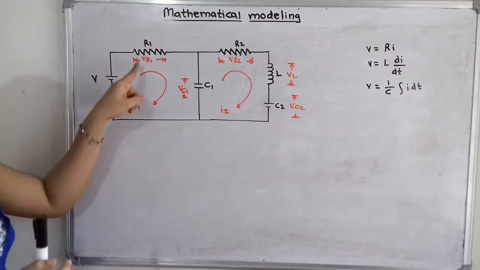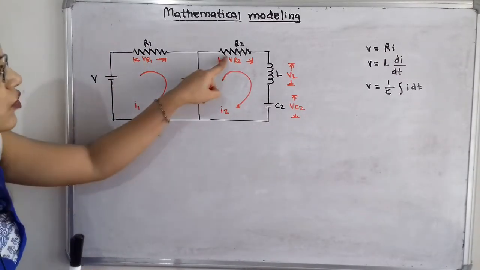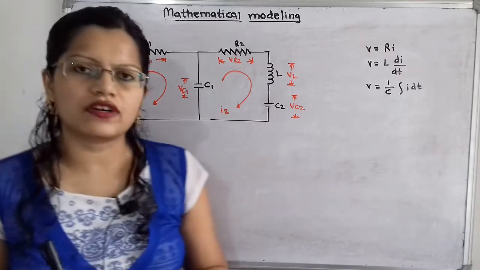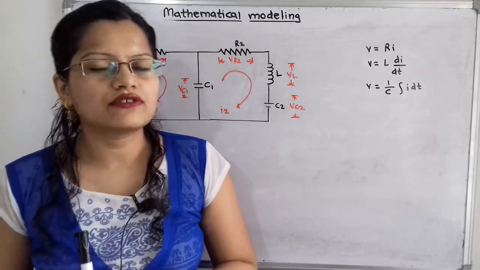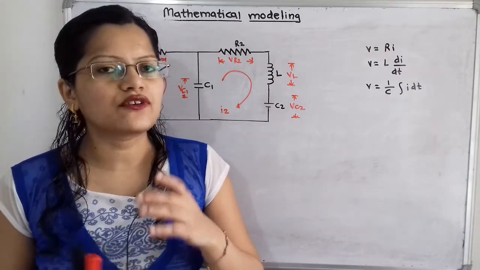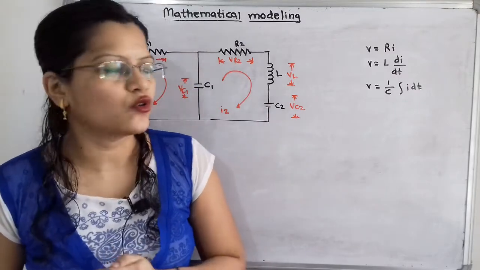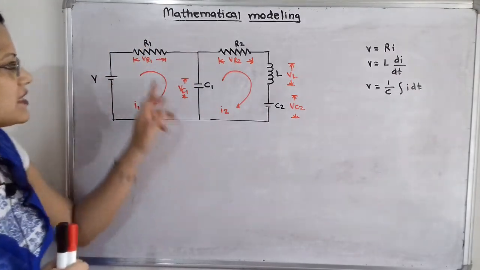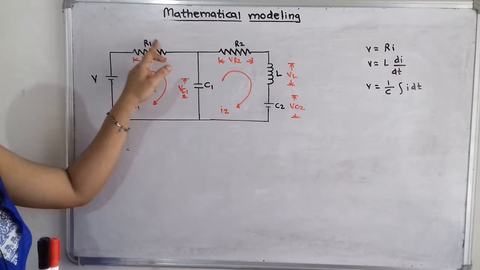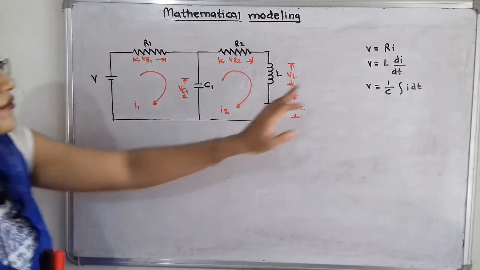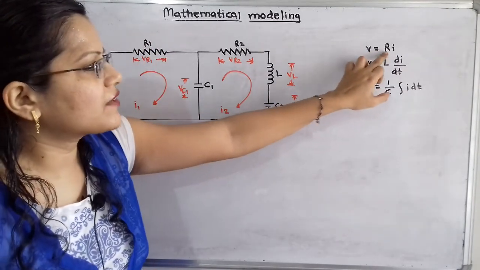Now we have to define these different voltages in terms of current. So we have three basic equations that you have to note down in your notebook. For a resistor, we use V is equal to Ri.